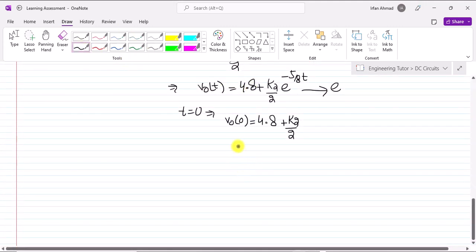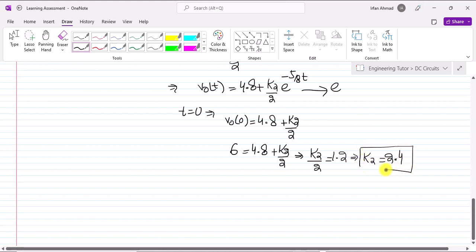So now writing here, 6 equal to 4.8 plus K2 by 2. From here, K2 by 2 is equal to 1.2, or K2 is 2.4.